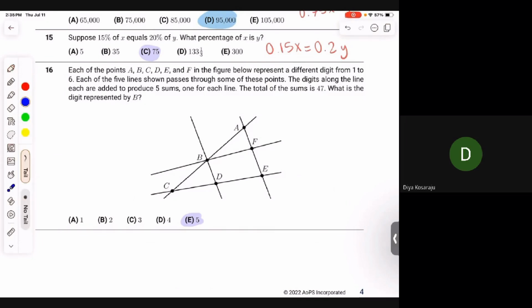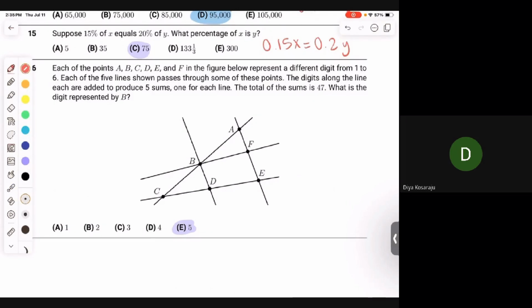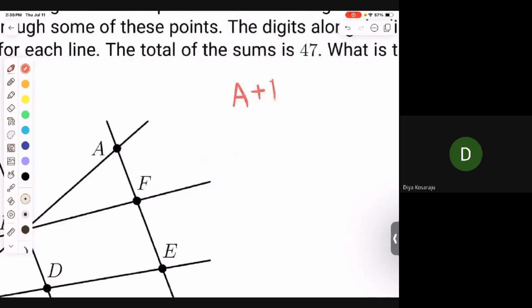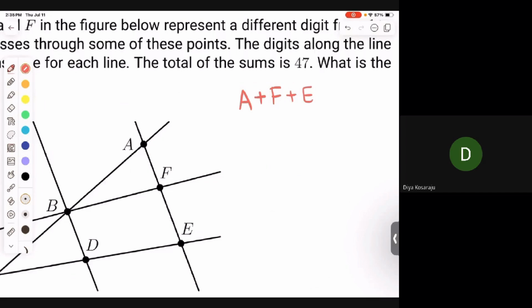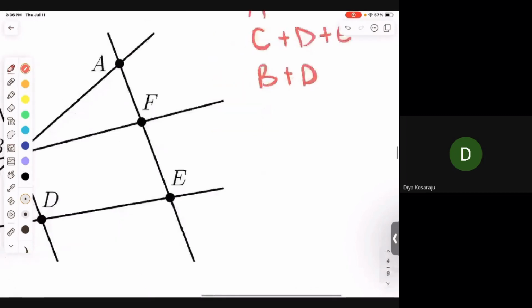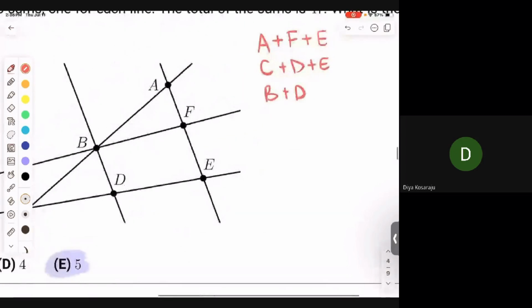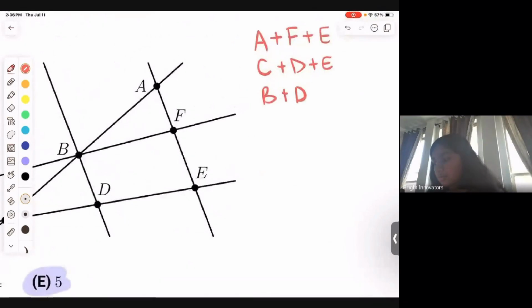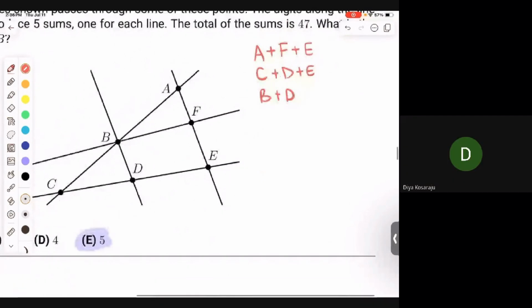So one was A plus F plus E, and then C plus D plus E, and then B plus D, and then A plus B plus F. And I think there's one with A by itself too.